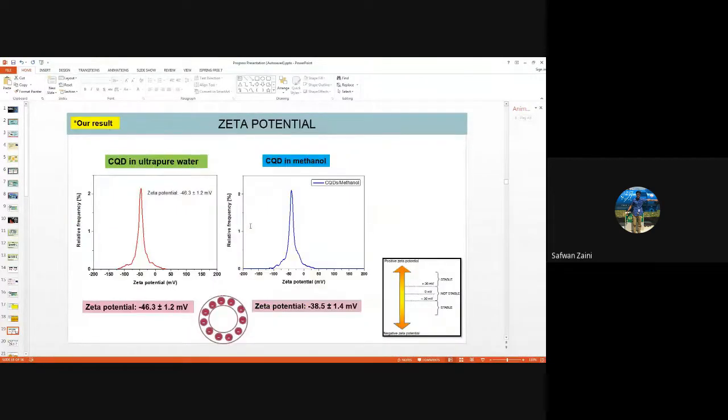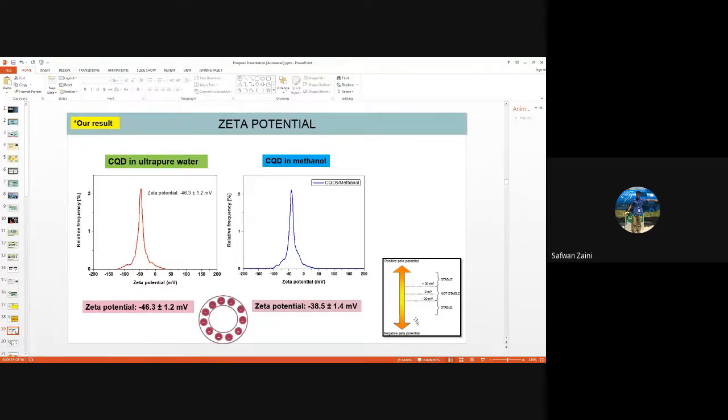So here is the zeta potential result of our sample. If the carbon dots are dispersed in ultra pure water, it has a value of negative 46.3 millivolts. The negative sign represents the negative surface charge of the particle, and the magnitude of the zeta potential is 46.3.